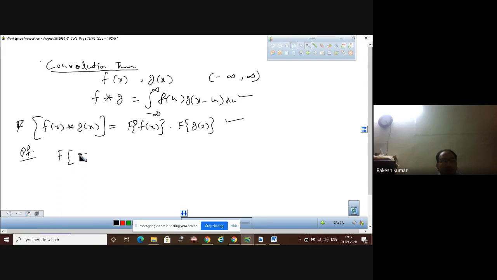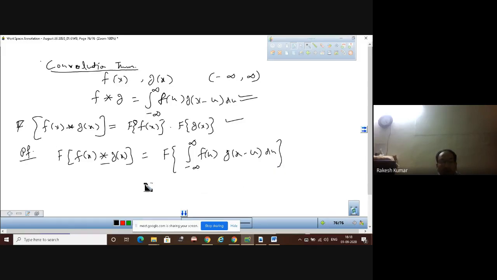So the Fourier transform of f(x) convolution g(x); note here the star is the convolution operation. That will be the Fourier transform of the integral from minus infinity to infinity. What is the definition of convolution? This one: f(u) g(x minus u) du.